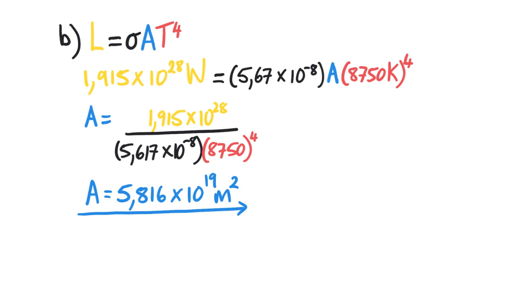And now we've done a calculation using L equals sigma A T to the 4 and using the OBA classification and the average temperatures associated with those types of stars, and we are able to extract some pretty neat information from this. So this is the kind of problems you would get in your tests and your exams, and you will be provided with further practice on these types of problems.